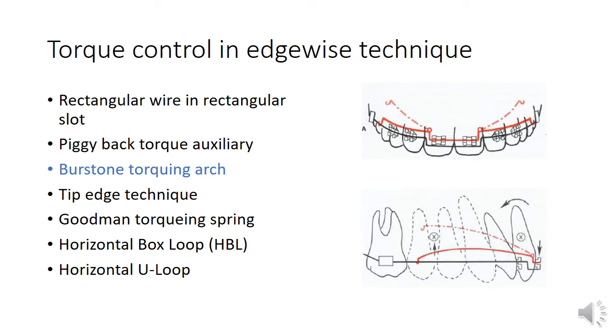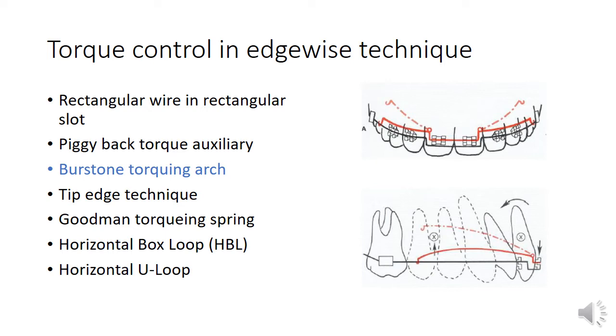When the torquing auxiliary is passive, its long posterior arms are up in the buccal vestibule. It's activated by pulling the arms down and hooking them beneath the base arch wire mesial to the first molars.